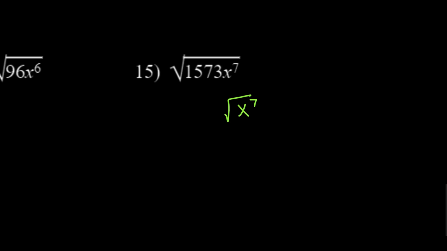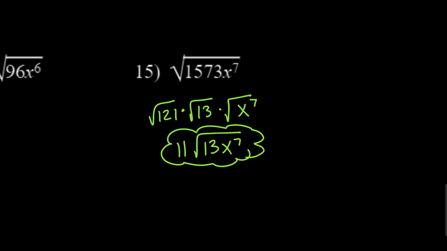Now, what did 1573 break into? 121 and 13. And what is the square root of 121? So we have 11 square root 13 x to the 7th power. Done. That would be my answer there on number 15.